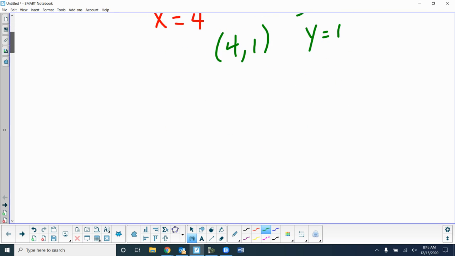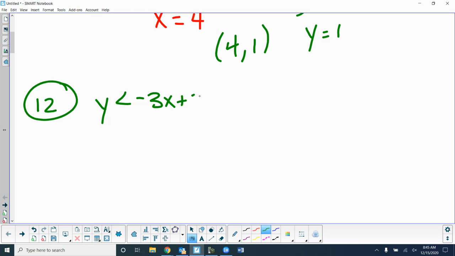All right, number 12. We have to graph a system of inequalities. So this is where you graph two inequalities on the same XY axis and see where the two shaded areas overlap.